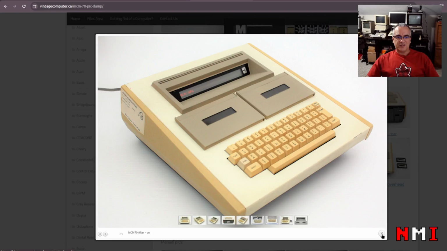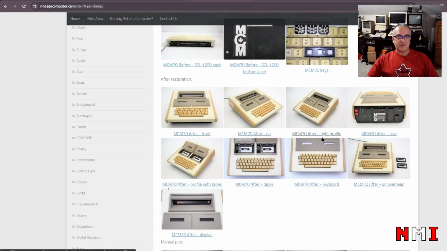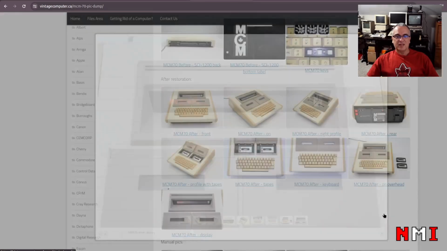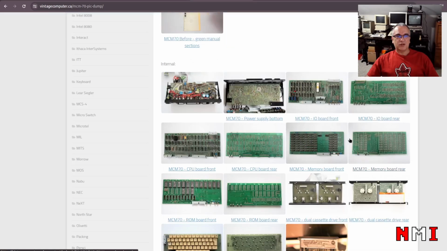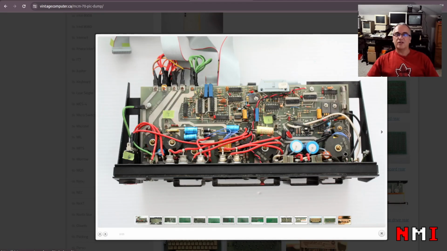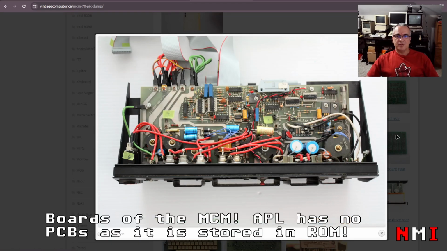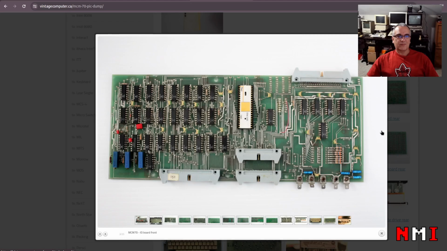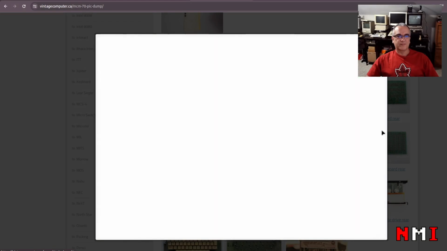There is another thing, since we're talking about architecture. Here we have a picture of the display, and it's pretty cool. On this website, we can also see the boards of the MCM. So this is the power supply, and this is an I/O board.